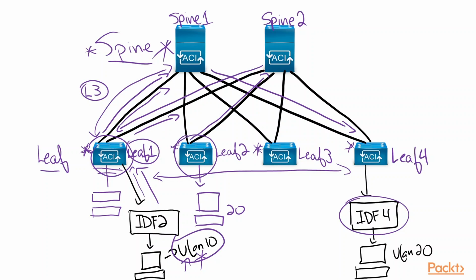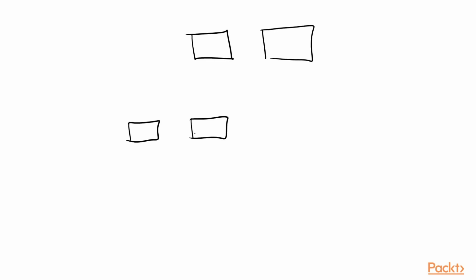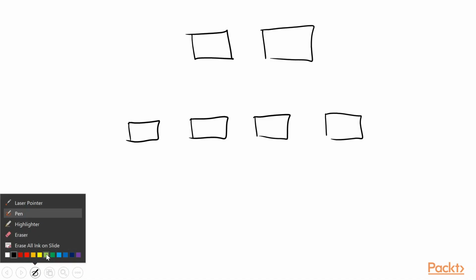So let me go ahead and draw real quick. I'm going to draw a very, very simple spine-leaf diagram so you can understand a little bit more. So let's go ahead and draw the 2, 3, and 4 leaves, right? Let's go ahead and connect those leaves together via the spines. You know what?